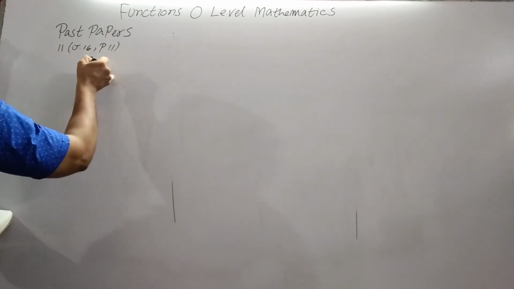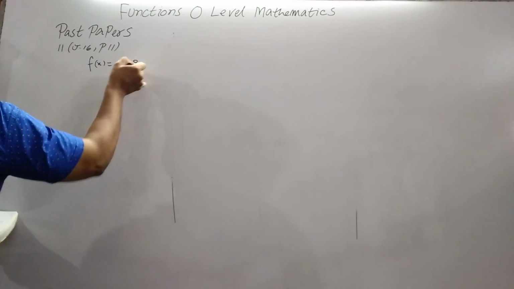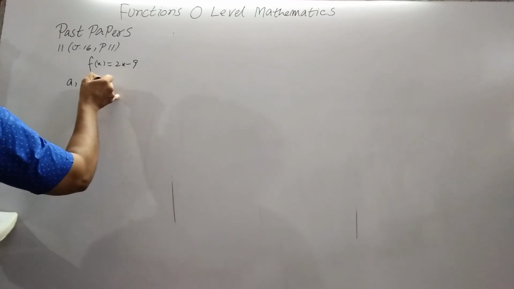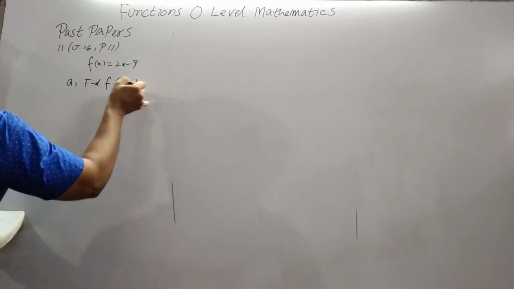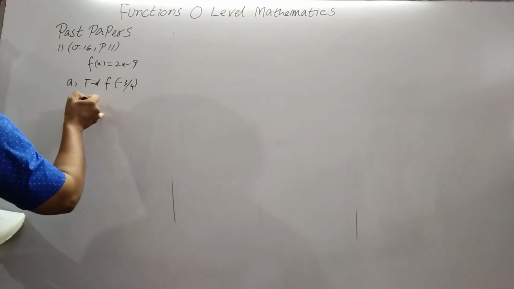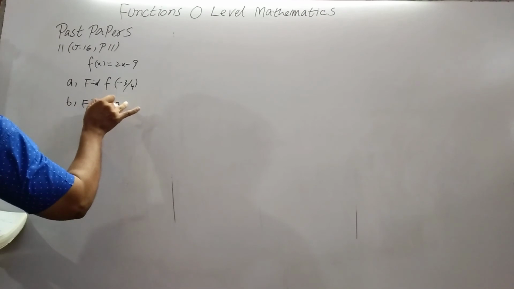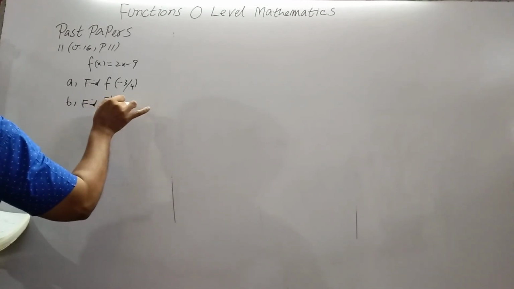And the question is f(x) equals 2x minus 9. Part A, find f of minus 3 over 4, and part B, find f inverse 3. Very interesting part.